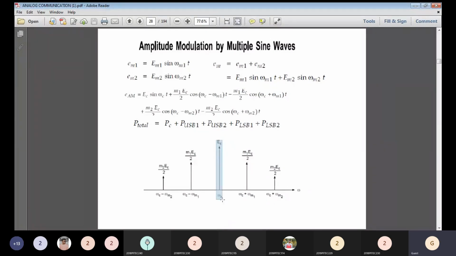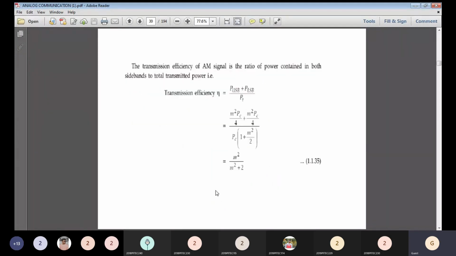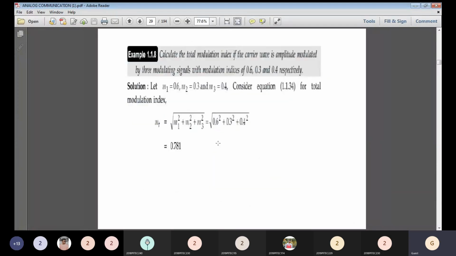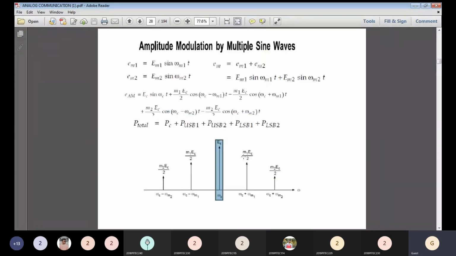This carrier is not containing any message signal, any message information. So that carrier component is not required. The power consumed by this carrier component is completely waste. See the diagram: the upper sideband and lower sideband are having the message information. In m1 we have Em, and in the omega frequency term also omega m1 is involved.